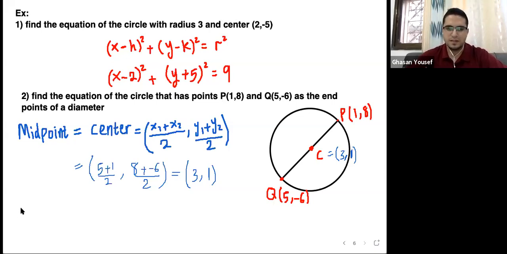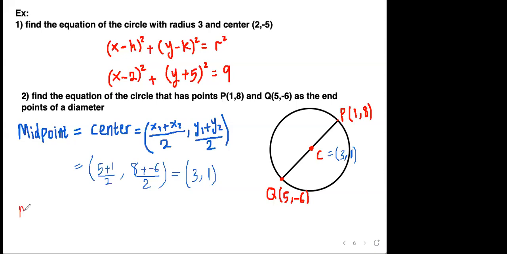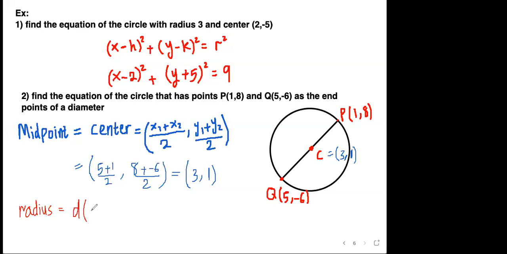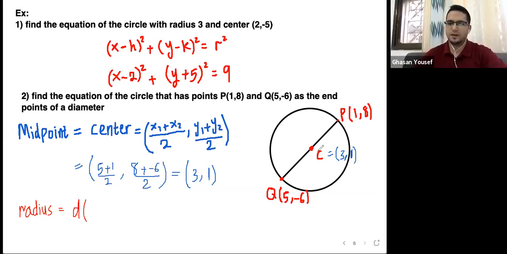For the radius, you would use the distance formula, like she said before. Between which points would you like to use? Between P and C, yes, this is correct.